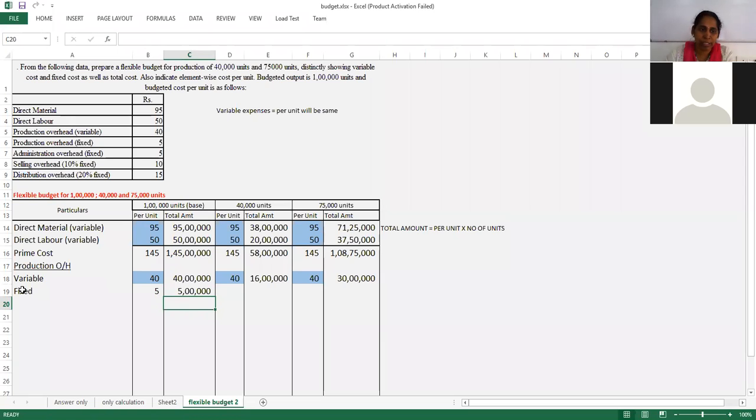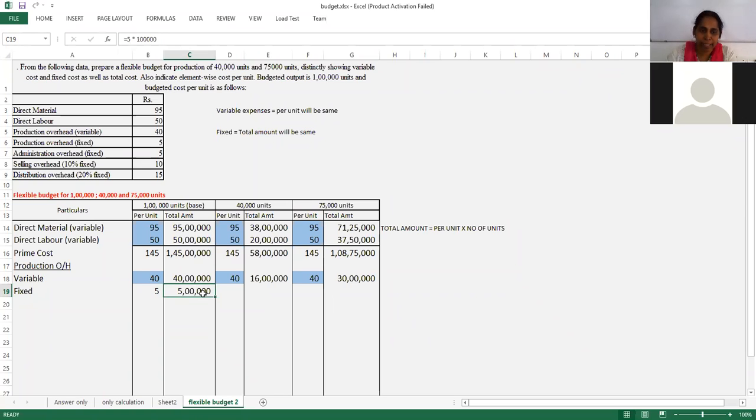Now this is very important. If the expenses are fixed, then the total amount will be the same, because in the future also I'm taking the same. So this is fixed. I am not going to touch the per unit; I am going to touch the total amount. The total amount is 5 lakhs.